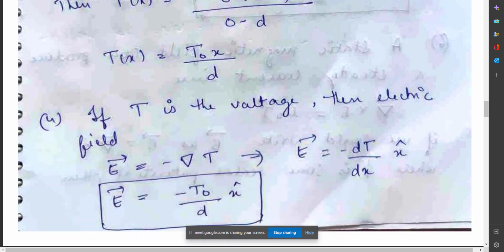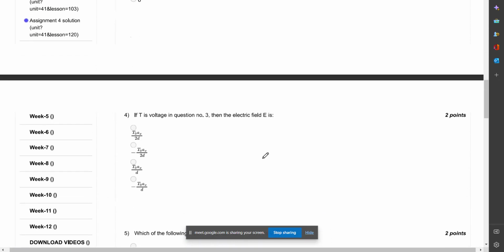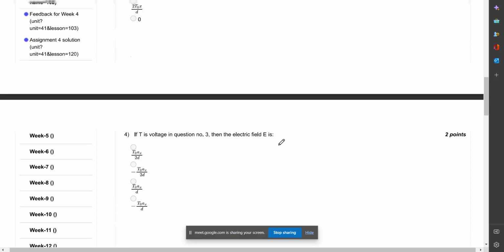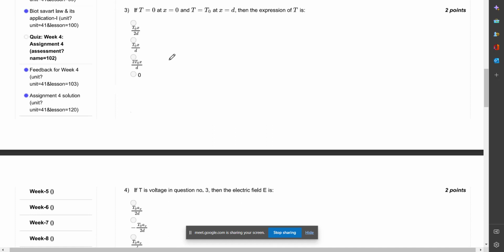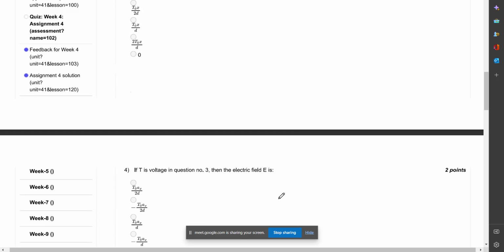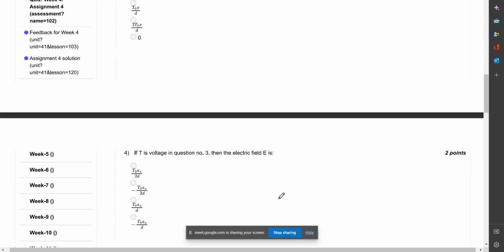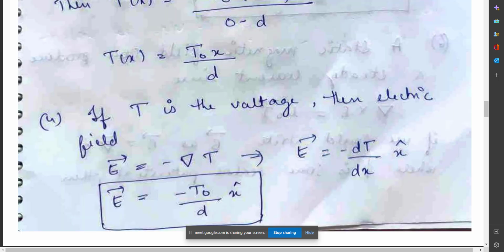No? Okay, let's go ahead. So if T is voltage in question number 3, then the electric field E is. Can anyone tell me how to solve? Voltage is given in question number 3. What will be the electric field E? How to solve this question? Okay.